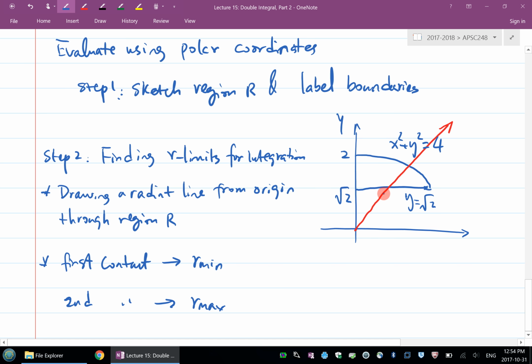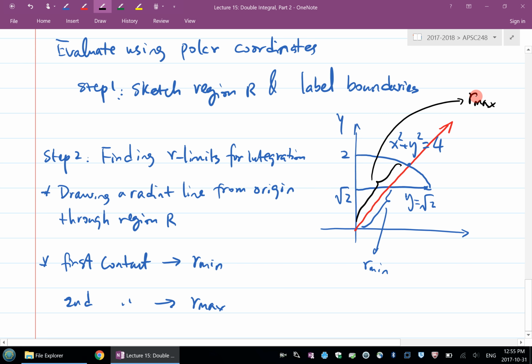That gives us this r min. So this portion is r min. The second contact is at this location. You can find this length here, and that length will give you this r max. So that's what we mean by r min, r max.